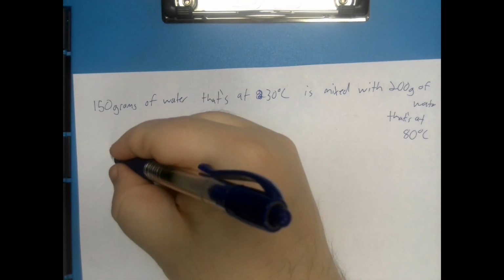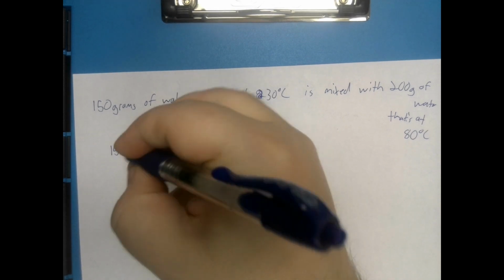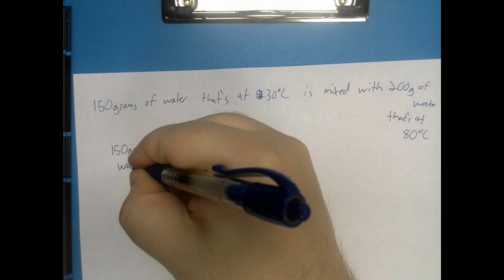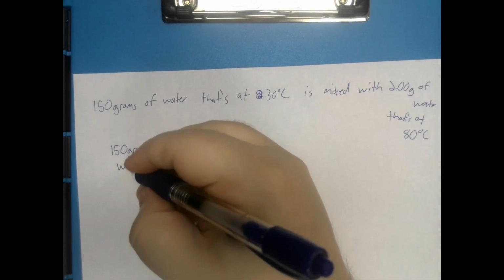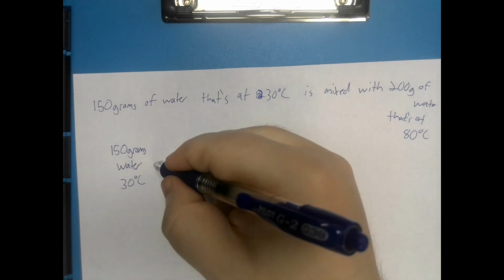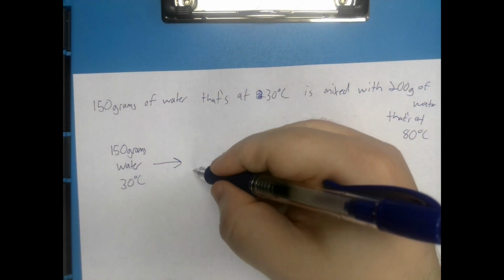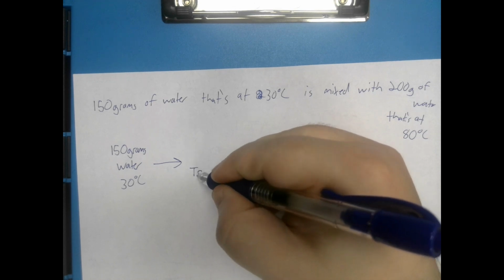So we have 150 grams of water that's at 30 degrees Celsius, and it's going to some final temperature, so some TF.